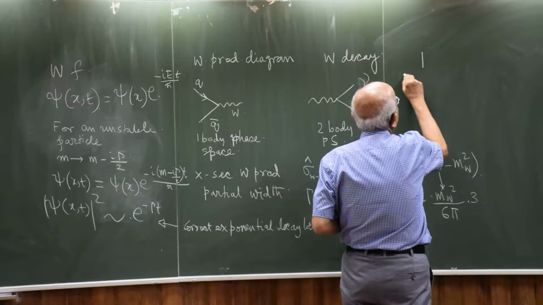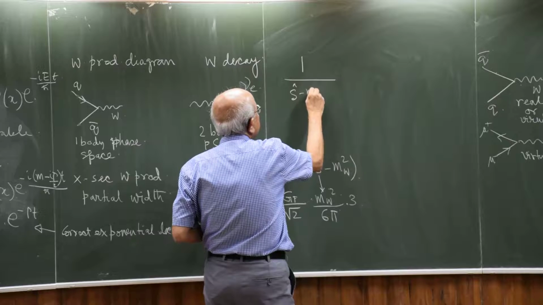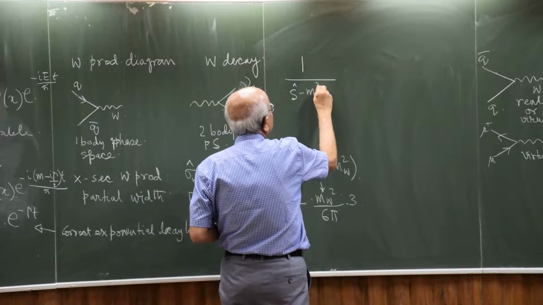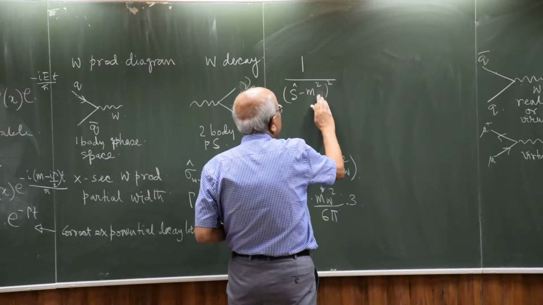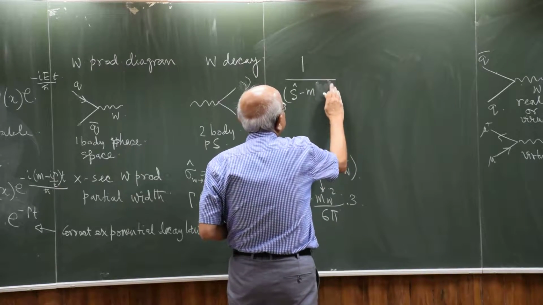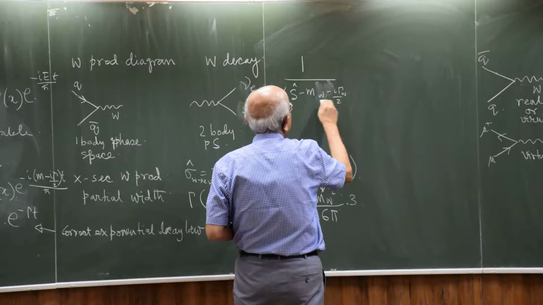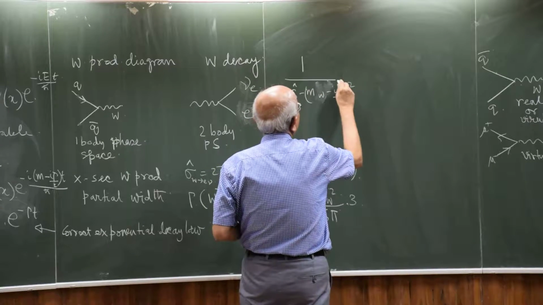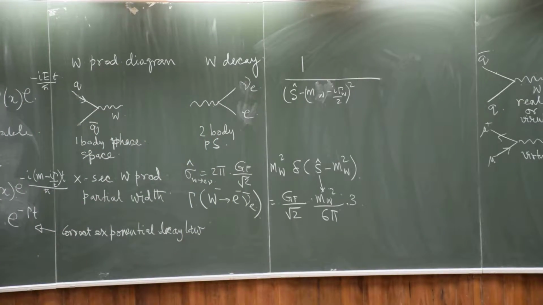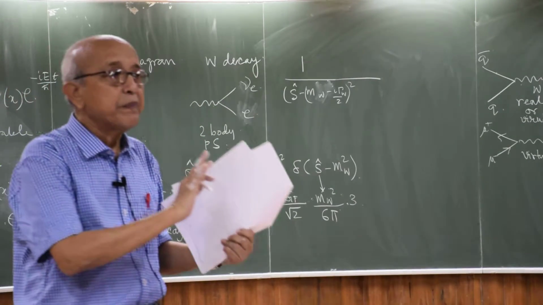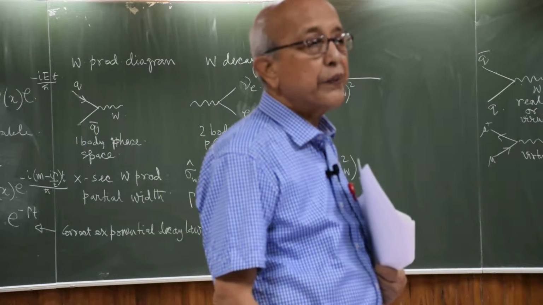Alright. So I will now write the propagator as s hat minus MW squared, whole squared, but not quite. I should also write this as MW minus i gamma W by 2. So I am just expressing the mass by a combination of mass and width.